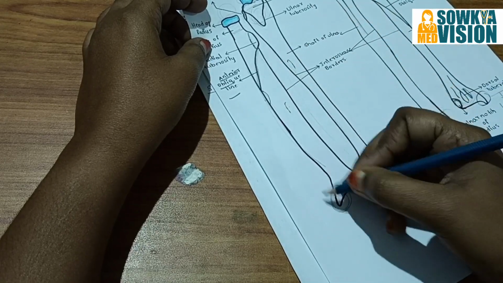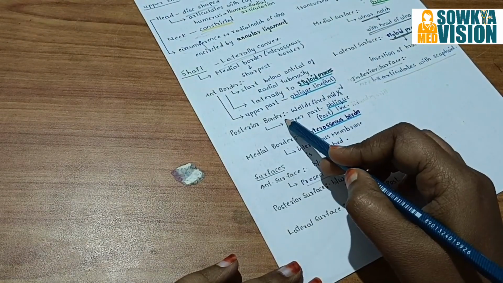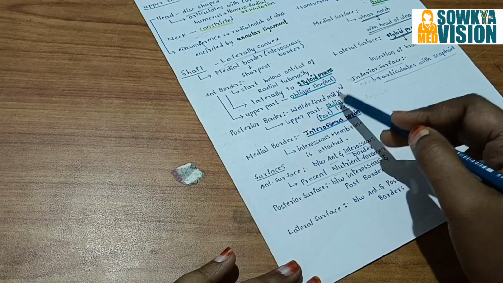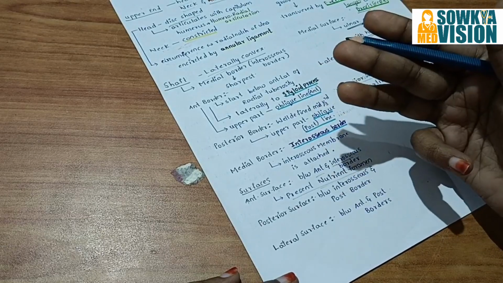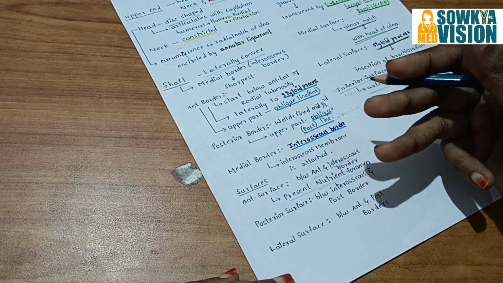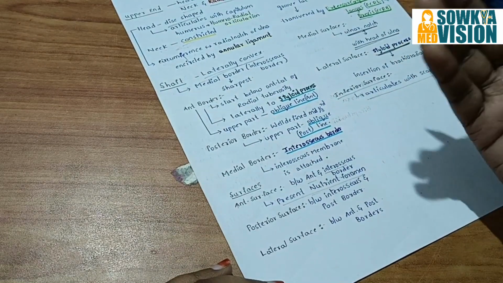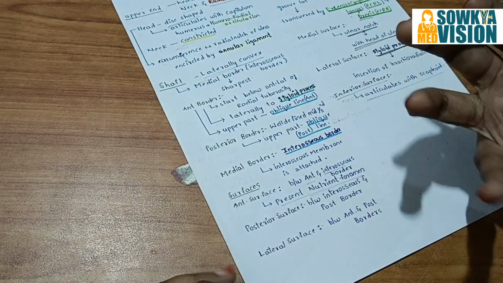At the bottom, it is represented at the styloid process. Yes, and now posterior border. It is well defined in the middle 1/3. Let's divide the posterior border into three parts: upper 1/3, middle 1/3, and lower 1/3. So the posterior border is prominent in middle 1/3 and it is represented as posterior oblique line.